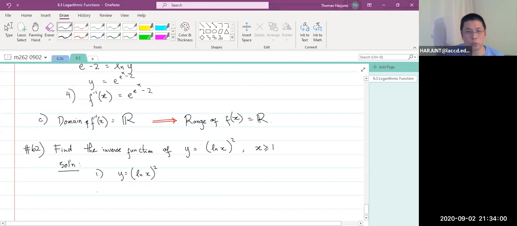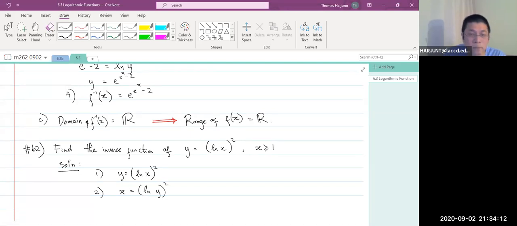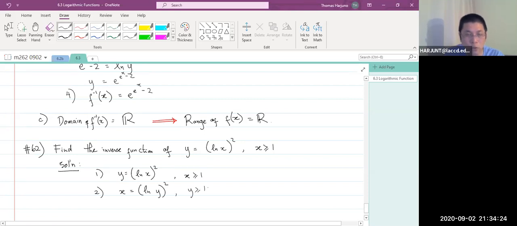Okay, step 2. You swap the x and the y. Okay, but again, the devil is in the detail, right? So x has to be greater than or equal to 1 here. Here, the y therefore becomes, you swap the x and y, right?